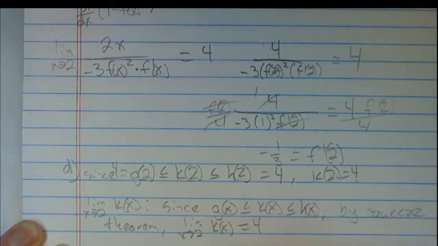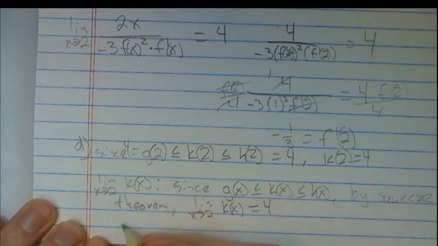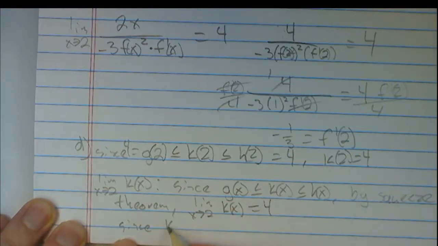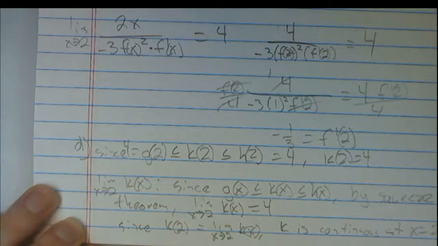And now, since my limit and my value are the same, since k of 2 equals the limit as x approaches 2 of k, k is continuous at x equals 2.